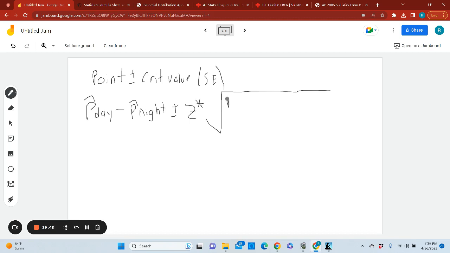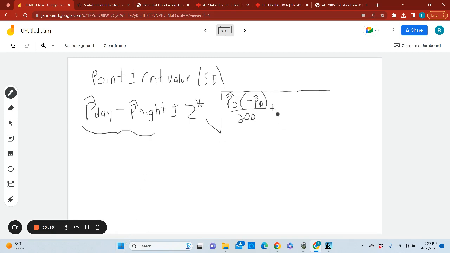And now we're dealing with two different samples. So we're going to do P hat for the day shift times 1 minus P hat for the day shift over the sample size for the day shift, which we already happen to know is 200. And to that, we have to add, remember, even though we're subtracting the proportions, the combined sampling distribution is going to have more variation.